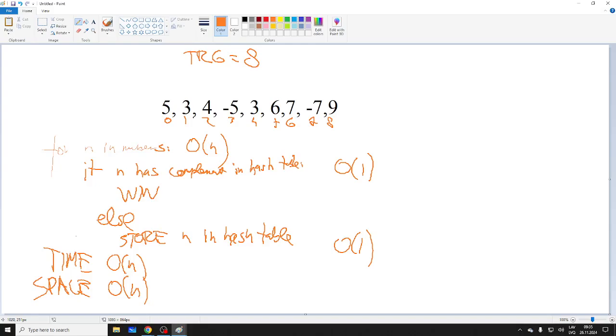Let's say 5, and originally we have nothing. So we need to store n in the hash table. What do we store originally, in the base case, when we have nothing, so we don't have any hits in the hash table? Well, we can store either 5 or 3.